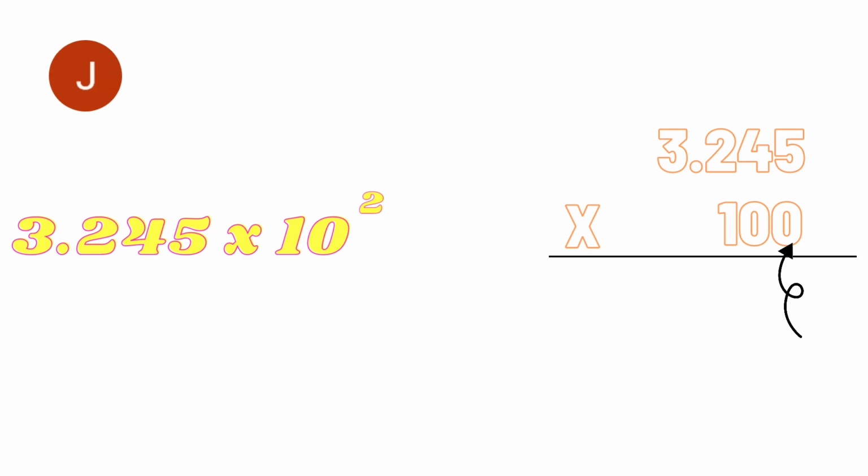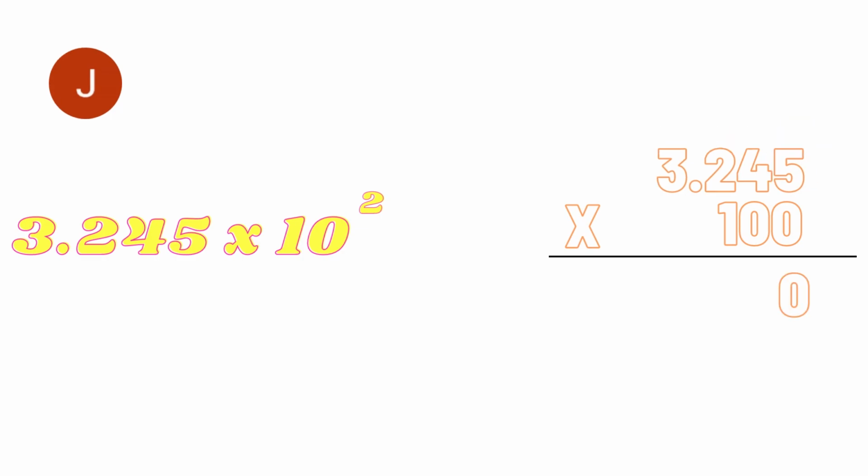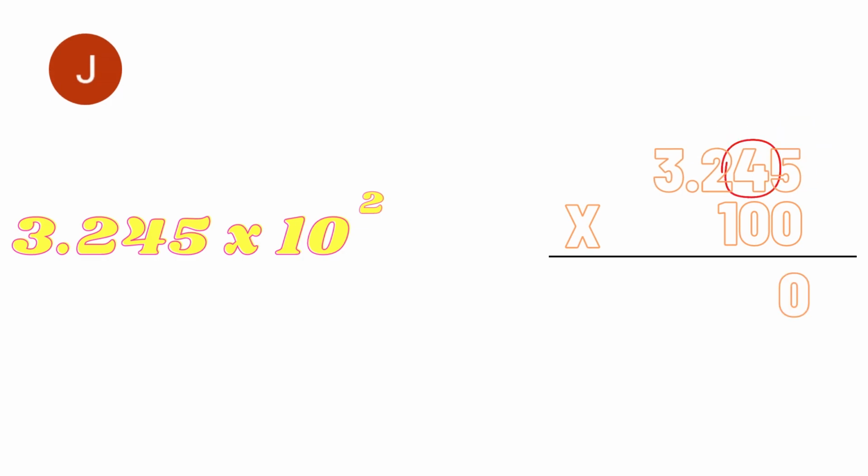We start with the first zero to the right. We multiply it by 5. 0 times 5 gives 0. Moving on to the 4, 0 multiplied by 4 gives me also 0. Same thing applies to the 2 and the 3. Multiplying 0 by 2 and 0 by 3 give me both 0.